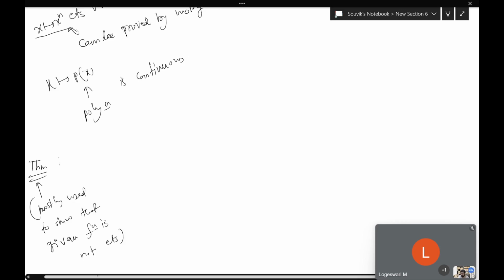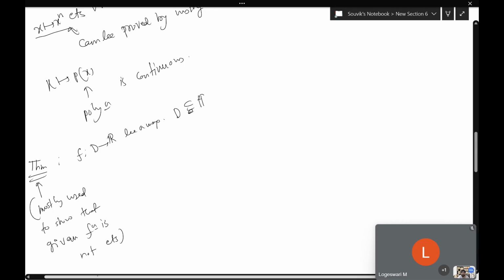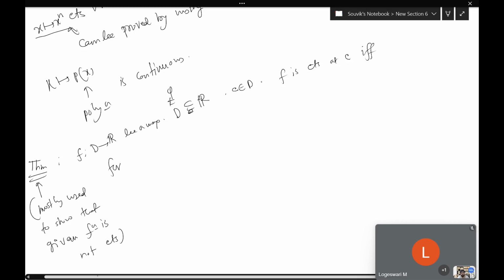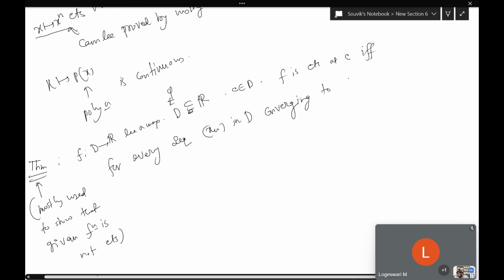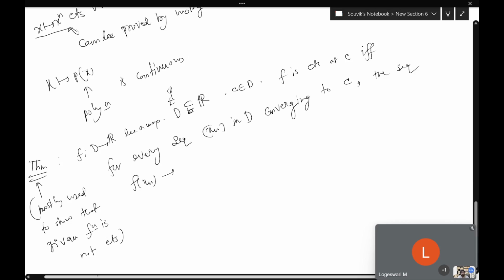So what is this theorem? This theorem tells us: let f from D to R be a map, where D is a non-empty subset of R. Let c belong to D. Then f is continuous at c if and only if for every sequence x_n in D converging to c, the sequence f(x_n) goes to f(c).